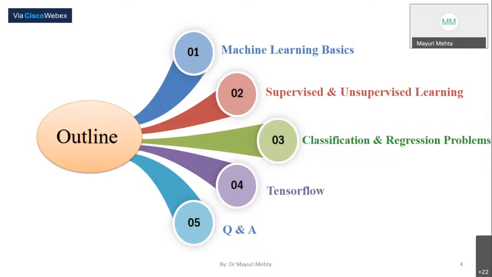I'll not go much into a detailed discussion of regression, but we'll see the classification. And then after discussing the classification problem and the algorithms that are used to solve classification problems, we will discuss TensorFlow, which, as I have told you, is a tool to implement machine learning models and deep learning models.